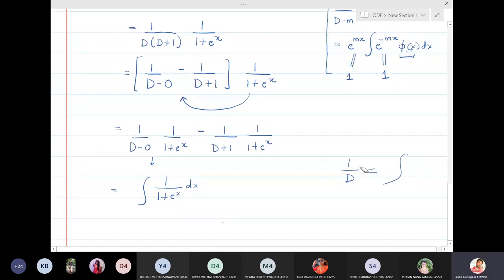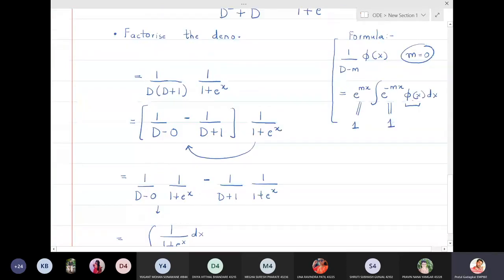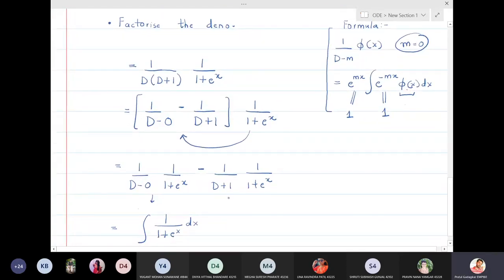Right? For the second part, D plus 1 is 1 upon D plus 1. I have to compare with 1 upon D minus m. So the value of m is minus 1. So put m equal to minus 1 in that formula, right? Plus 1 is minus m. So therefore m is equal to minus 1.